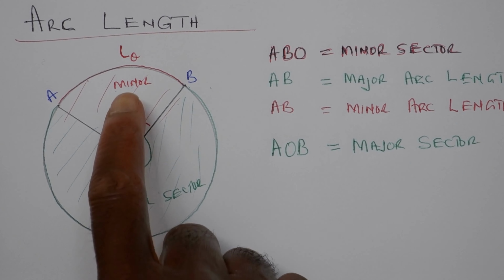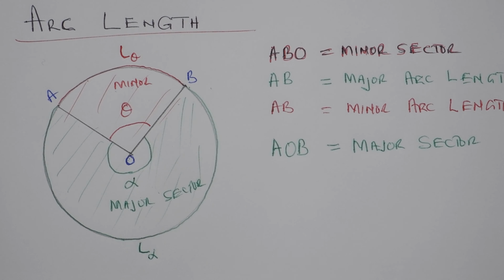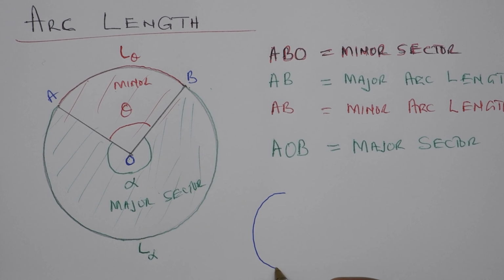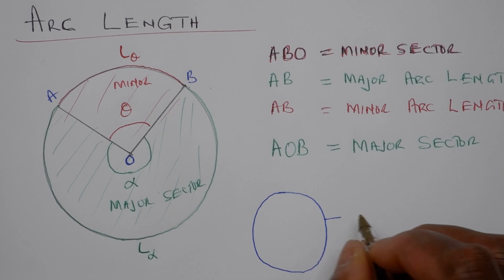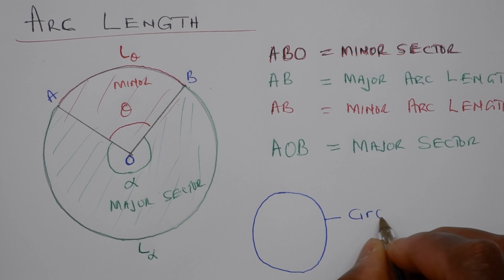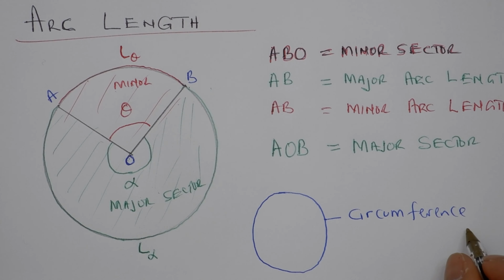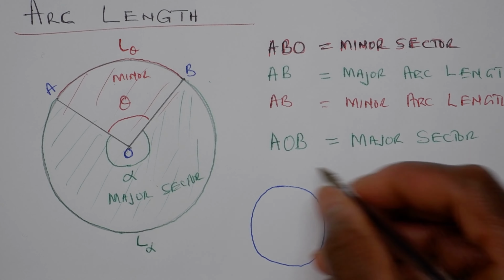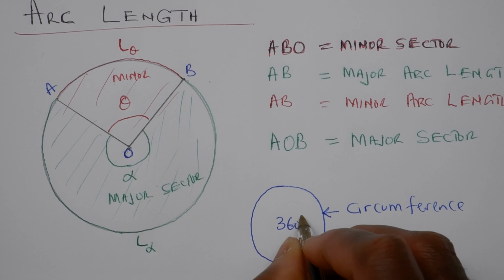So if we talk about the minor arc length AB, first of all, if you look at a circle, the arc length of the whole circle is what you call the circumference, and the angle in the whole circle is 360 degrees.